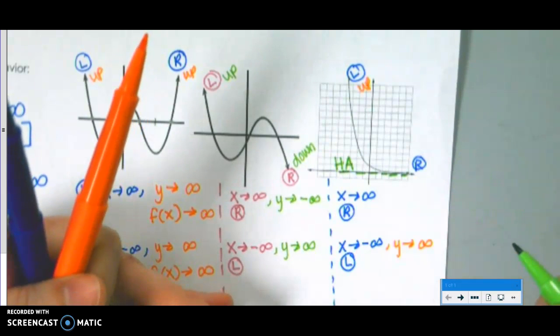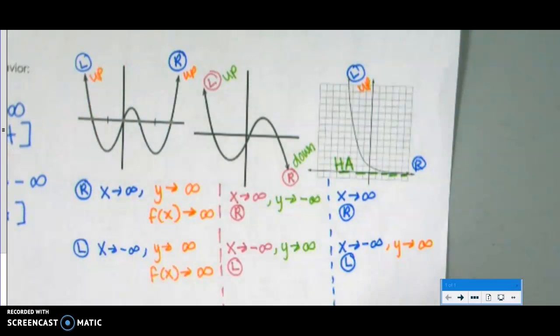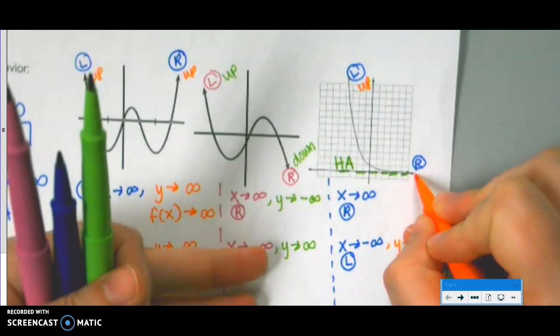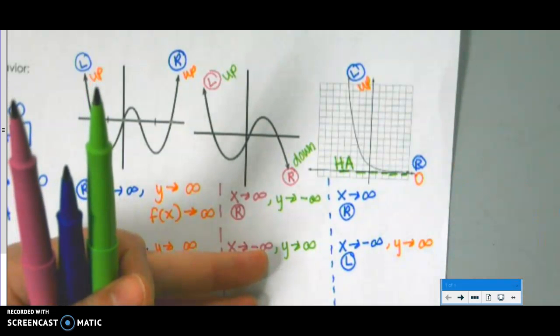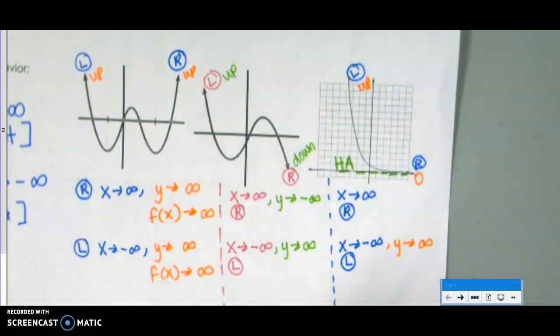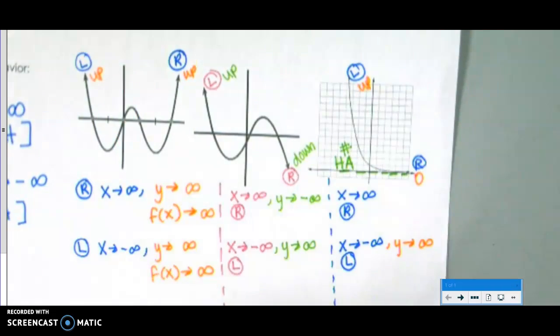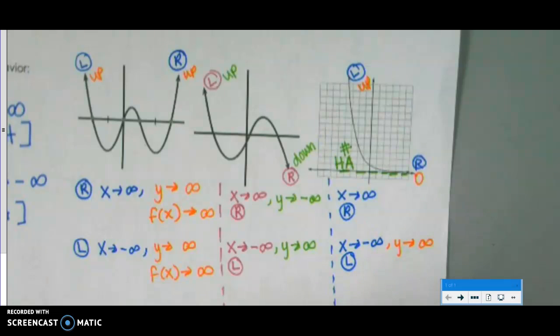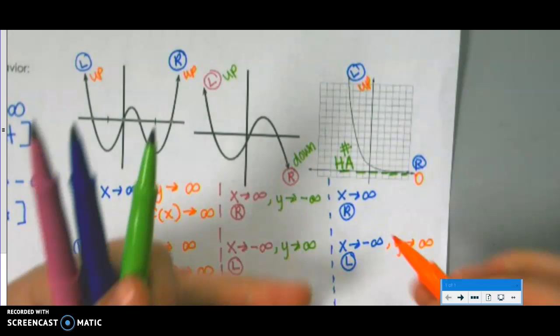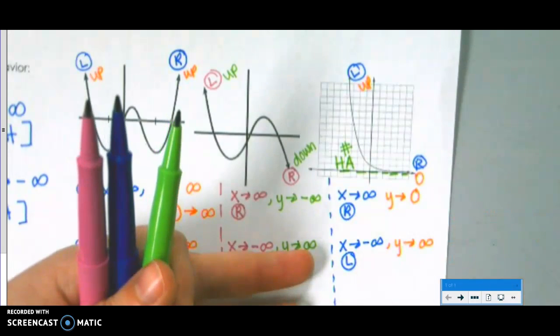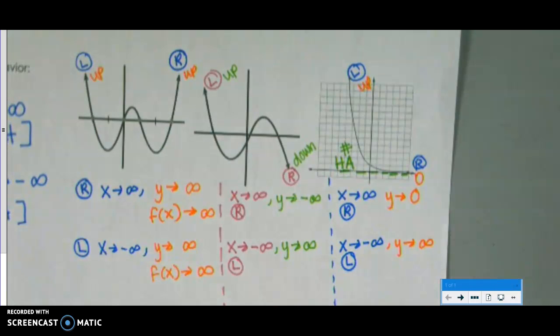In this case, I can tell that that horizontal asymptote is 0. So this one is actually going to be approaching a number. Whenever you have a horizontal asymptote, whatever arrow is flattening up against the horizontal asymptote, that number is what you're going to put for the end behavior. The y is approaching 0 because I have a horizontal asymptote when y equals 0.